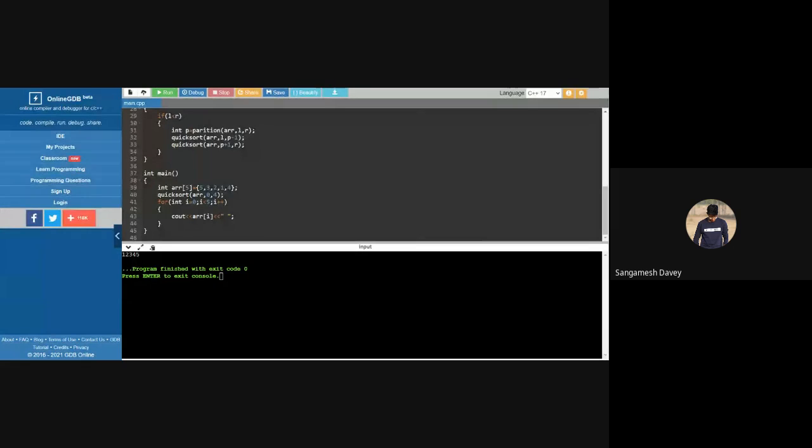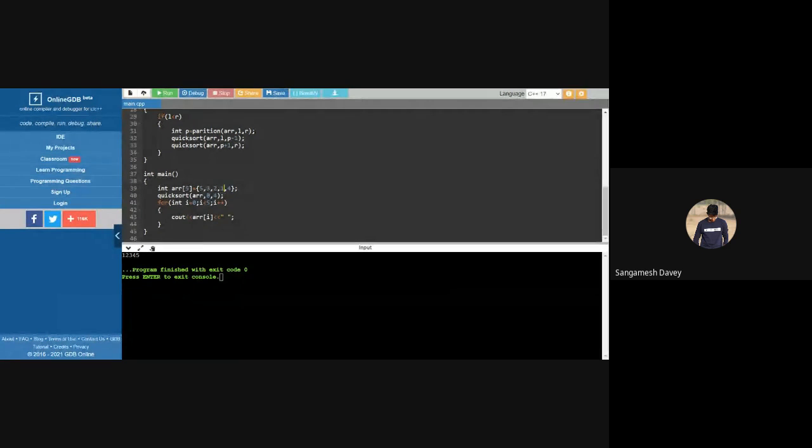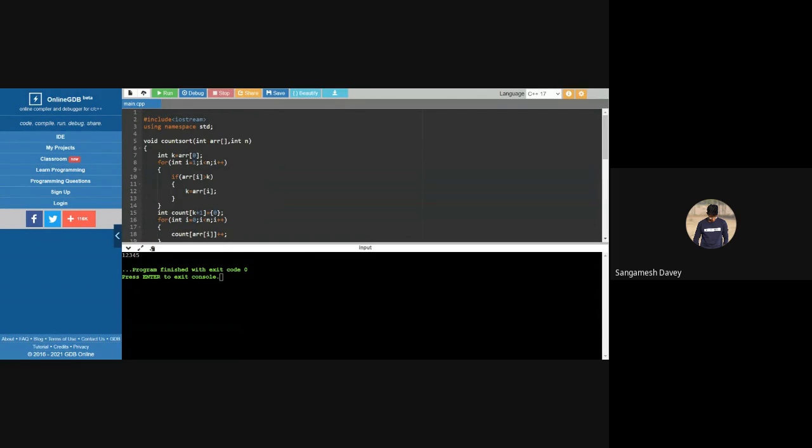Now the code is also very simple. While I'm taking out the code, can someone tell me what is the limitation of this particular algorithm?